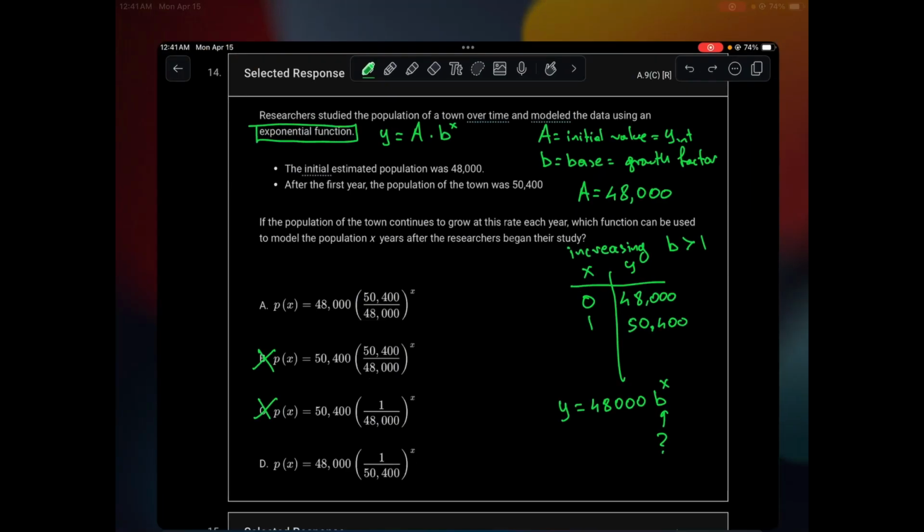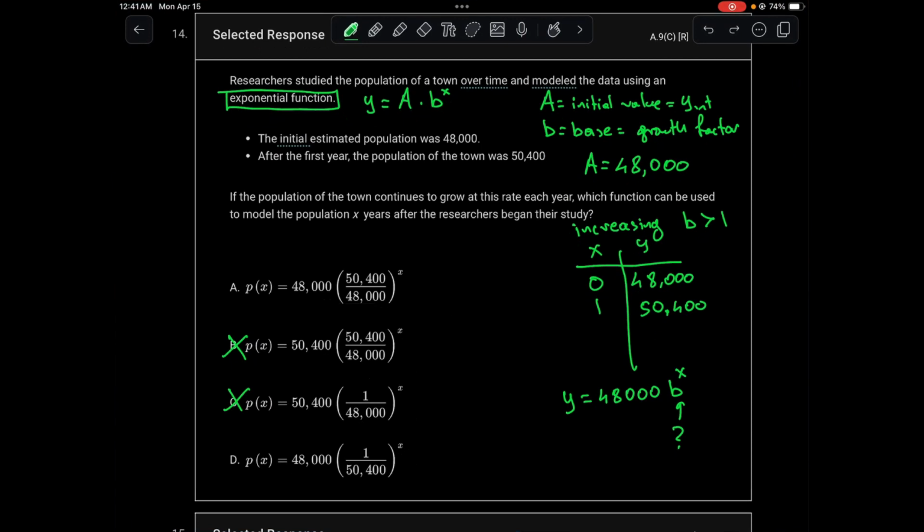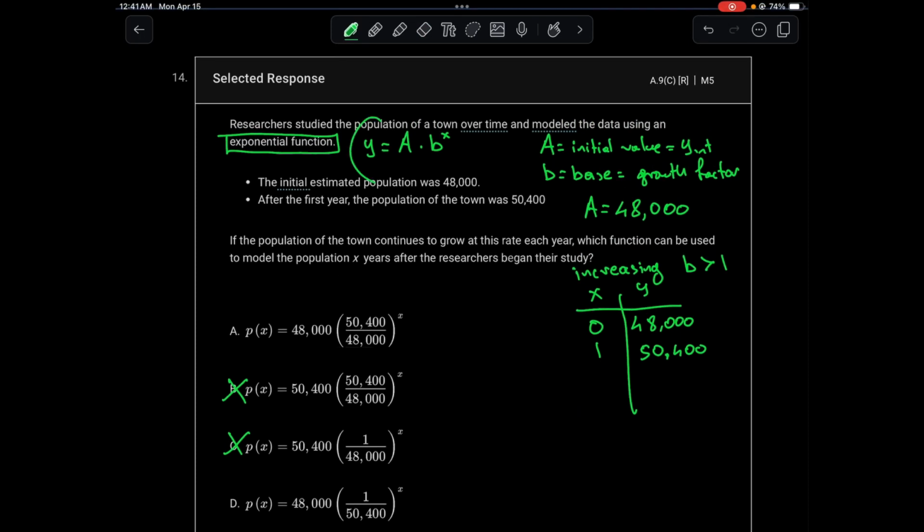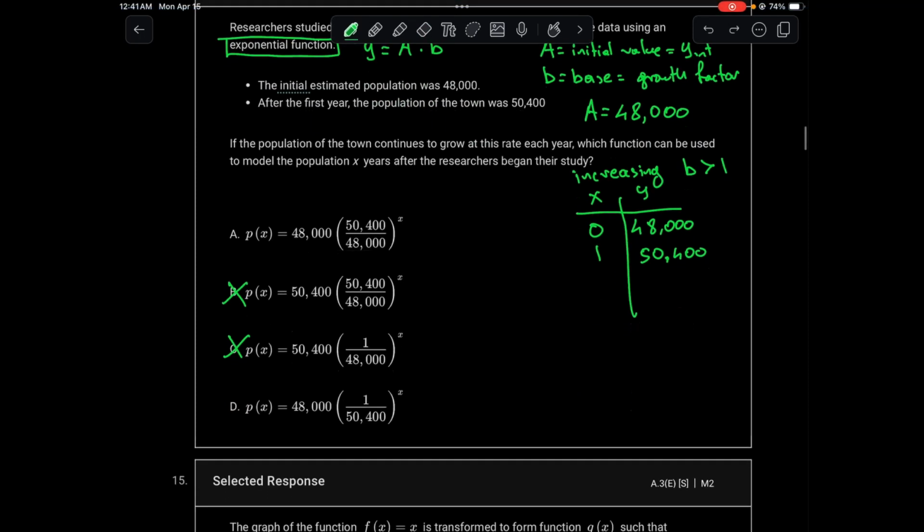So the calculator is telling me that, let me write it properly, y equals A times B to the x. The calculator told me what I expected, that A is 48,000, and it also gives me that B is equal to 1.05. That's also what I expected. It's greater than 1, a little greater than 1.